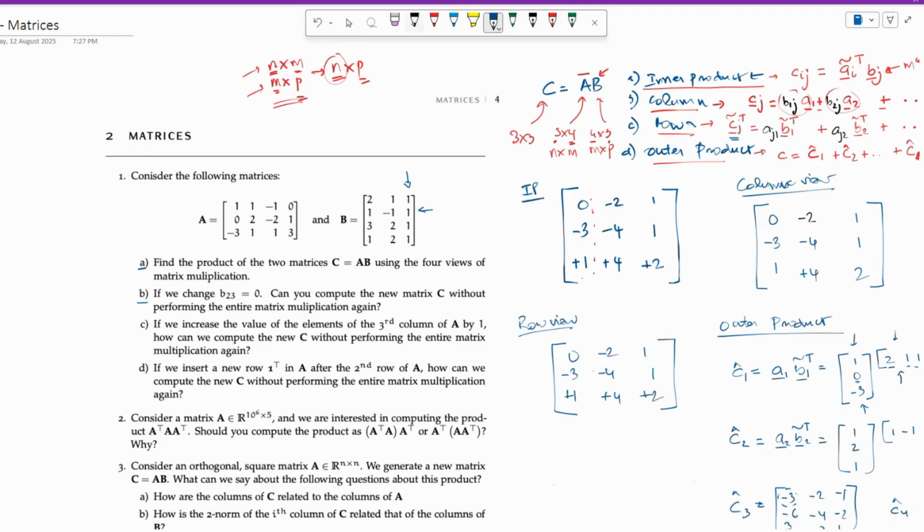The computation you will have to do is essentially pick this as the new column of B and then recompute the final column of C, the third column of C. So we are essentially saying instead of adding all the columns, only add the first, third, and the fourth columns of A to get the third column of C. So that will essentially be what?